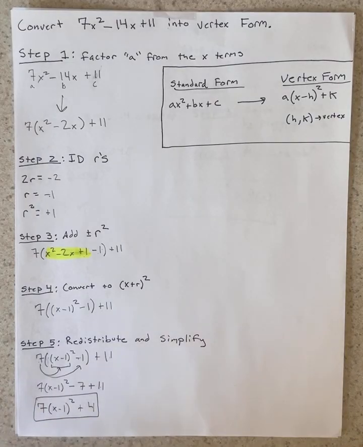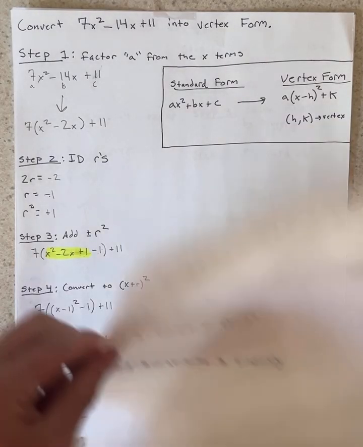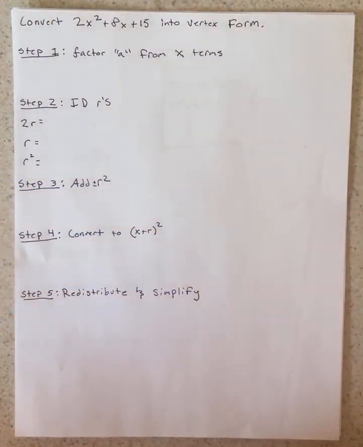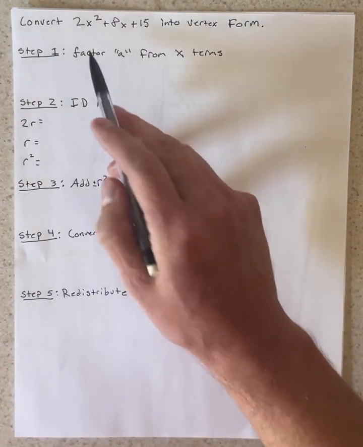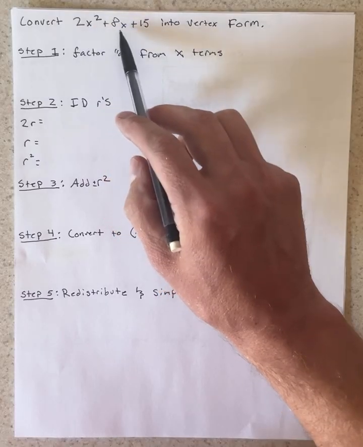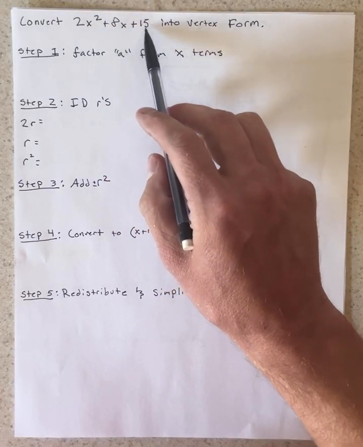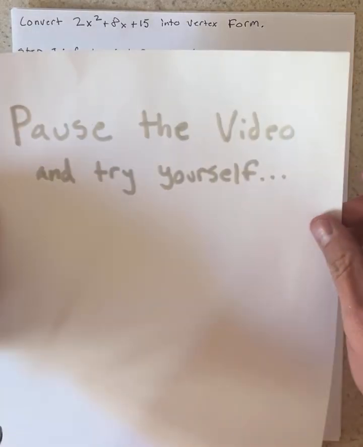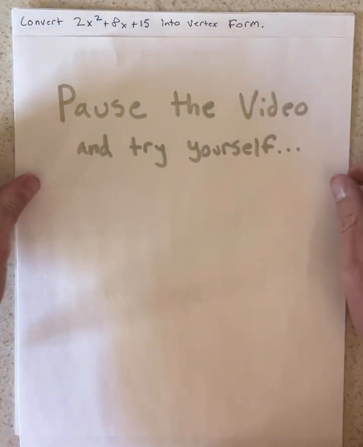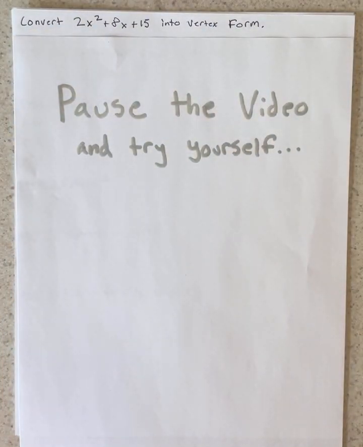What I would like you to do now is do another example, but this time I want you to try this yourself. So we have 2x squared plus 8x plus 15, and we would like to convert that into vertex form. And right now, I would like you to pause the video and try this yourself.